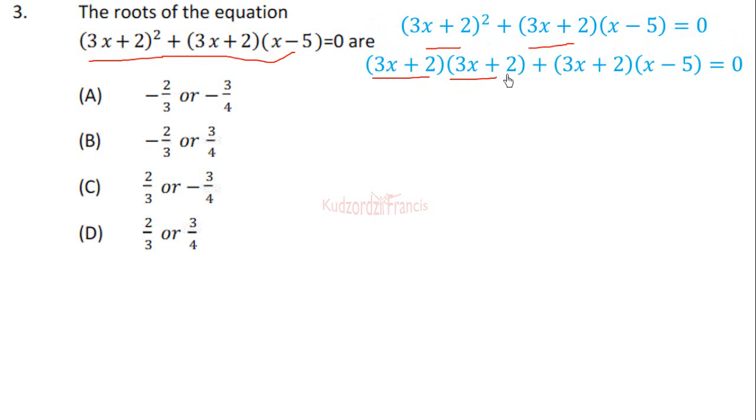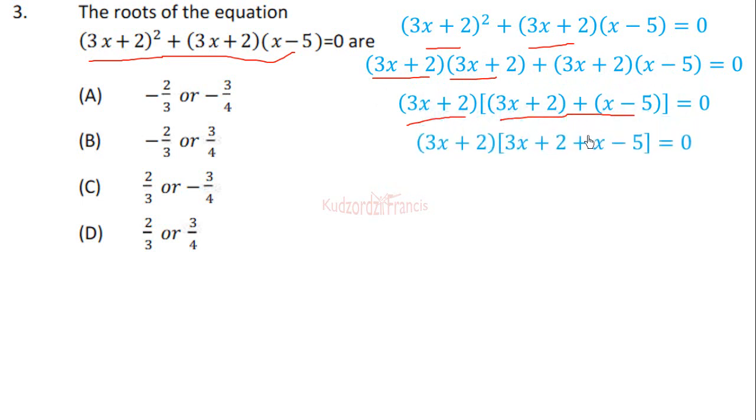So we now collect the common factors to get something like this. This one comes out, then this is there, plus x minus 5. Then the next thing we do now is to simplify the expression here to obtain something like this. So we rearrange and add 3x plus x gives us 4x, then 2 minus 5 gives us negative 3.